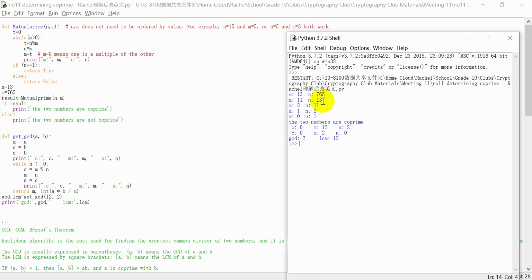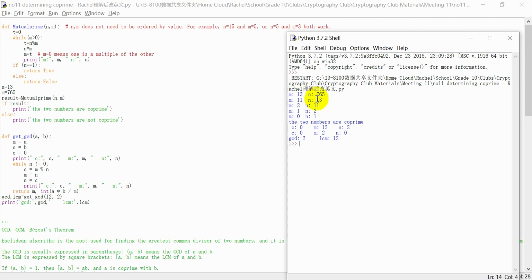In the second time of the loop, m becomes 11 because m is the remainder of n divided by m. So 765 divided by 13 has a remainder of 11. So that's m. And then n is the smaller of the two numbers from the past loop, which is 13.